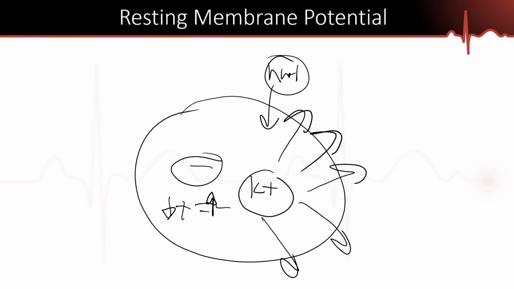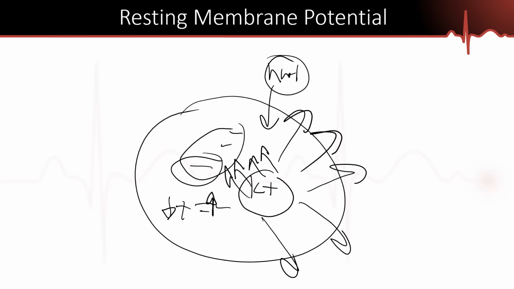Okay? So as the interior becomes more and more negative, what effect is that going to have on potassium? Well, if the inside is becoming negative and a negative electrical driving force is developing, that's going to pull potassium backwards, and it's going to decrease the rate at which potassium can leave through its chemical driving force. What about for sodium?